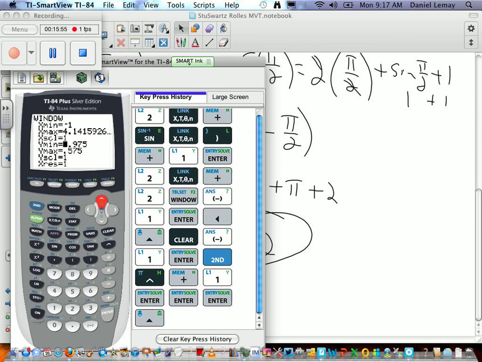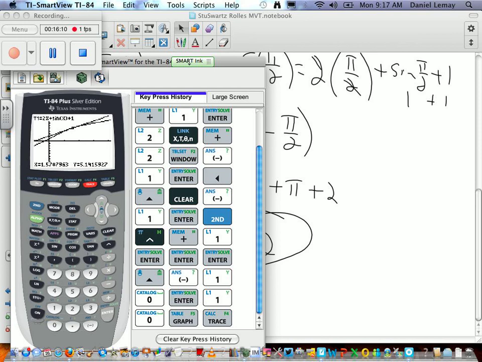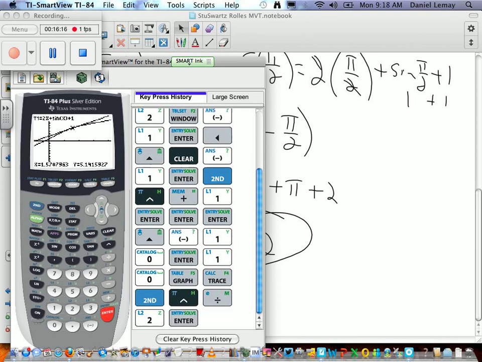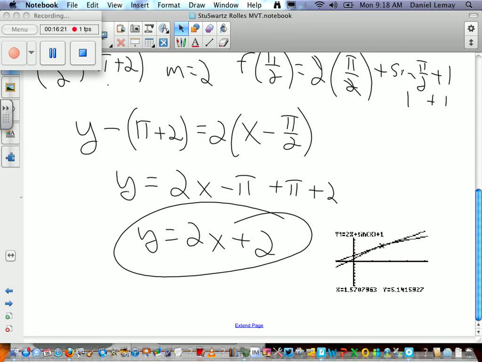I don't know. Let's try negative 10, positive 10, and see what that looks like. So there's the original curve, and there's the tangent line. And let's hit trace. Let's do pi over 2. And there, that looks pretty good to me. I think we've got it. Okay. I'll stop this here.